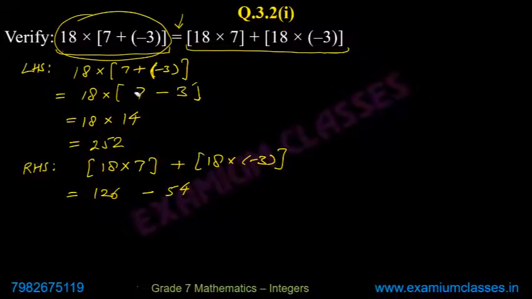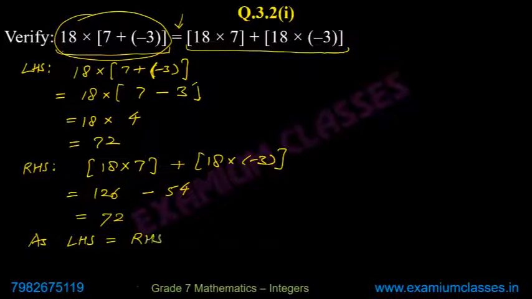Okay, that was my mistake. 18 sevens are 126. Now 126 minus 54, 6 minus 4, 2. Okay, 12 minus 5, 7. Now you will say as left-hand side is equal to right-hand side, hence verified.